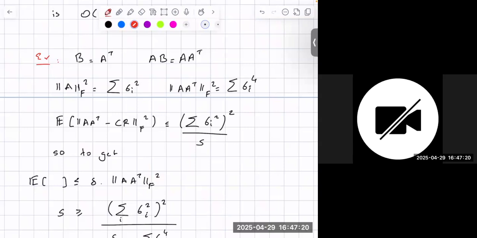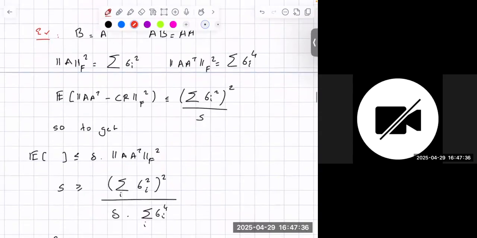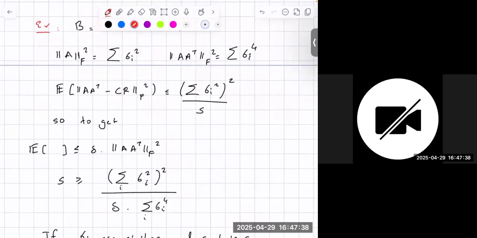Then if I just copy paste the theorem, the error is bounded by the norm here squared divided by S, right? And then if you want that error to be, say, less than delta times the norm of the thing, you end up repeating your S should be singular value squared divided by delta times singular value to the 4.